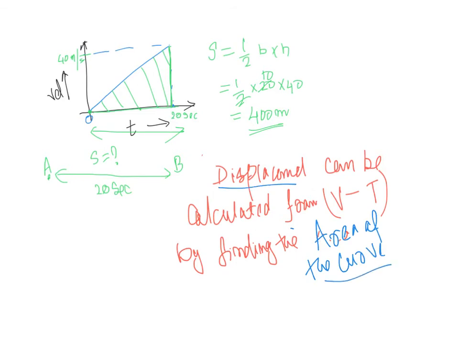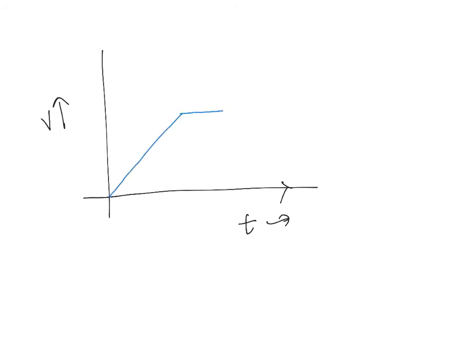Now in most cases we would have this curve as some geometrical figure, like maybe this is one kind of situation. Another situation that we can have, which is very common in your case also: if I take another velocity time graph like our last example, it could be like this, a straight line.